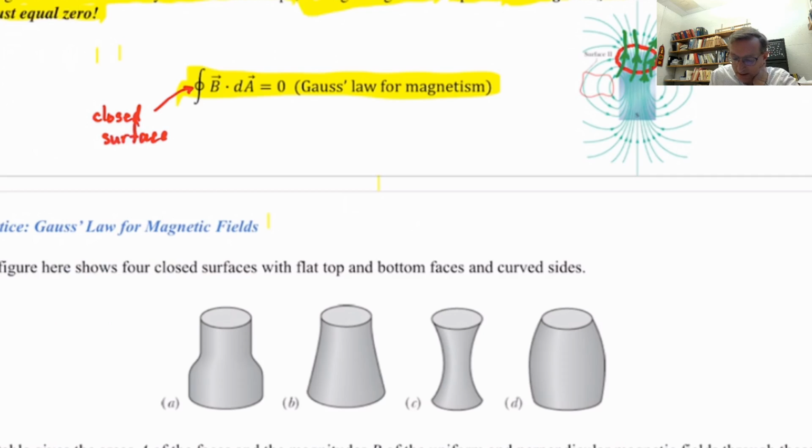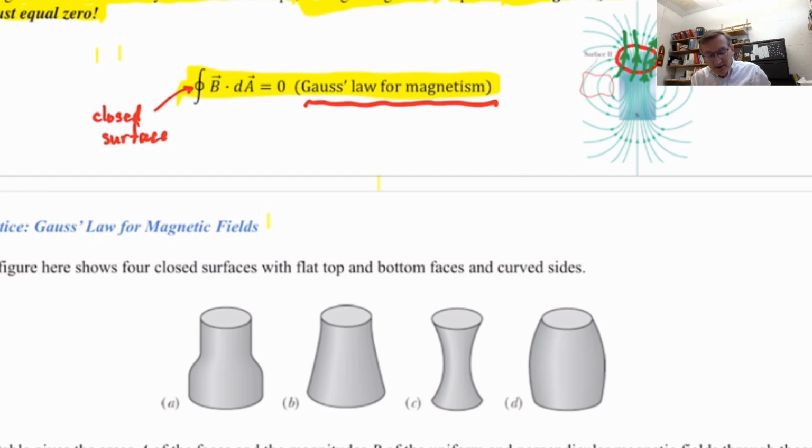Now that's called Gauss's law for magnetism, because it tells you what you get when you calculate magnetic flux through a closed surface. Just like Gauss's law for electrostatics tells you what you'll get when you calculate electric flux through a closed surface. And in the magnetic case, it's very simple. You will always get a total magnetic flux through a closed surface equal to 0.